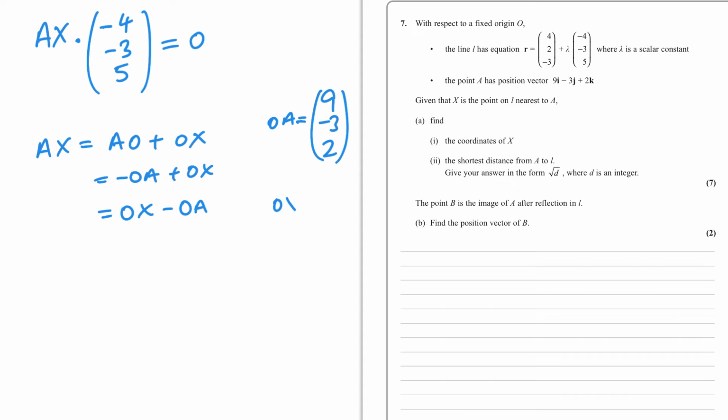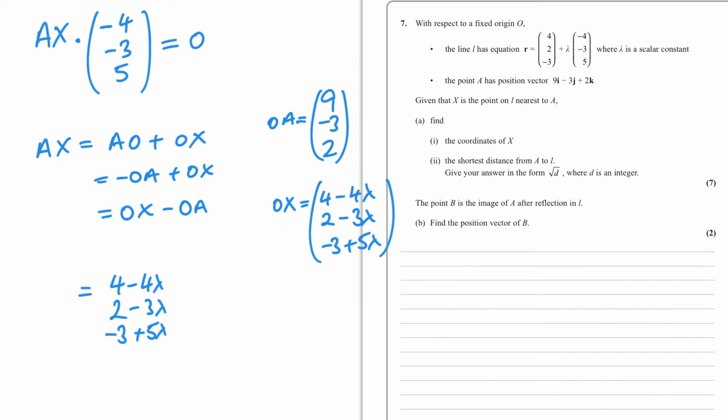And OX is going to be the position vector of the point on line L. So that's going to be 4 minus 4 lambda, 2 minus 3 lambda, minus 3 plus 5 lambda. And we're going to be taking away 9, minus 3, and 2.